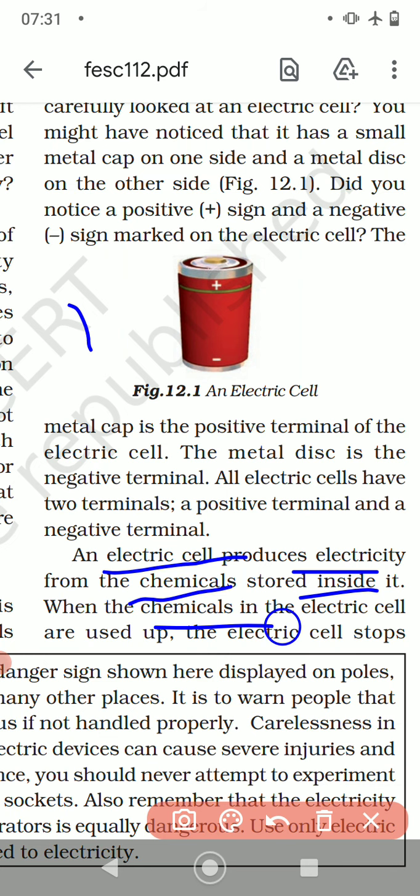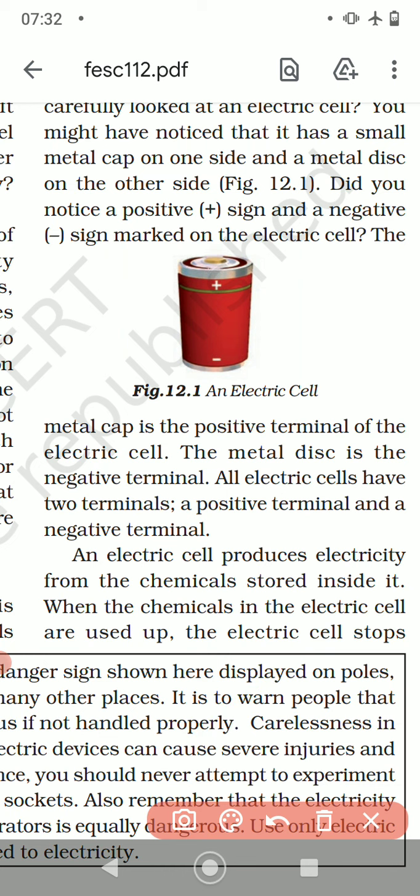When the chemicals in the electric cell are used up, the electric cell stops functioning. Right? We say that this cell is a dead cell because the chemicals are used up. Okay.